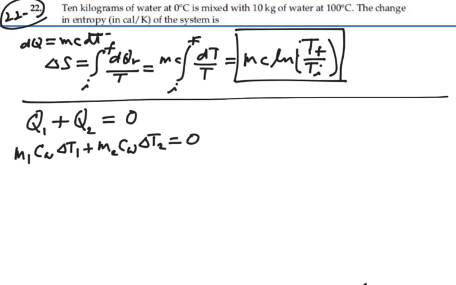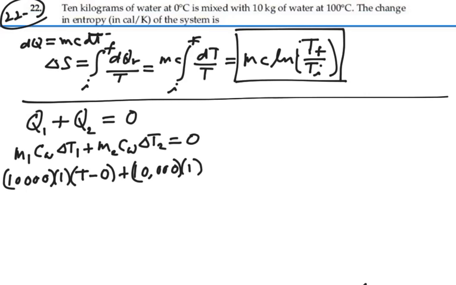We have 10 kilograms, so 10,000 grams. Specific heat of water is 1 calorie per gram per degree Celsius. We had some kind of final temperature minus our initial temperature of 0 for the first 10 kilograms of water, plus 10 kilograms, specific heat of 1, times final temperature of T minus our initial temperature of 100 for the second 10 kilograms.